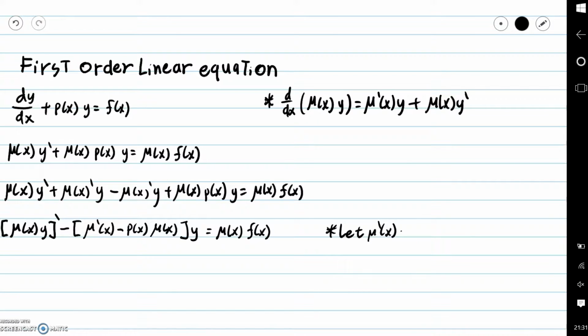And then we let the derivative of mu(x) minus p(x) mu(x) equal to 0. And you move part of the equation to the right side.